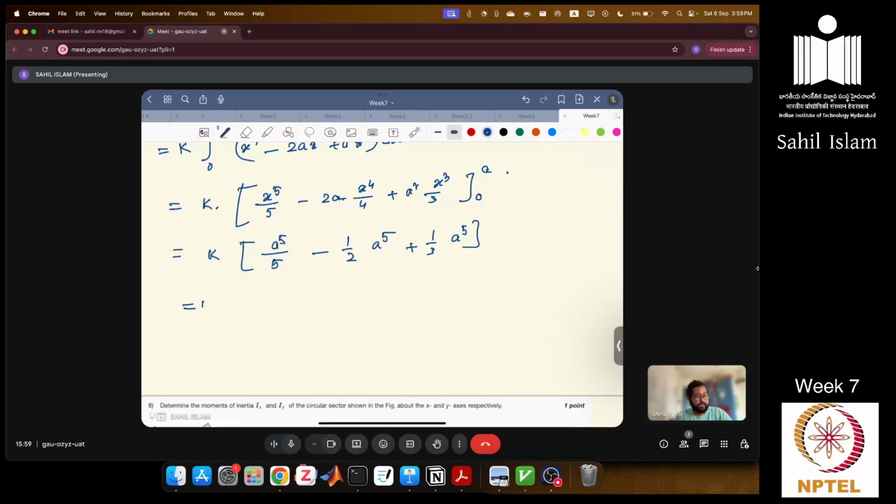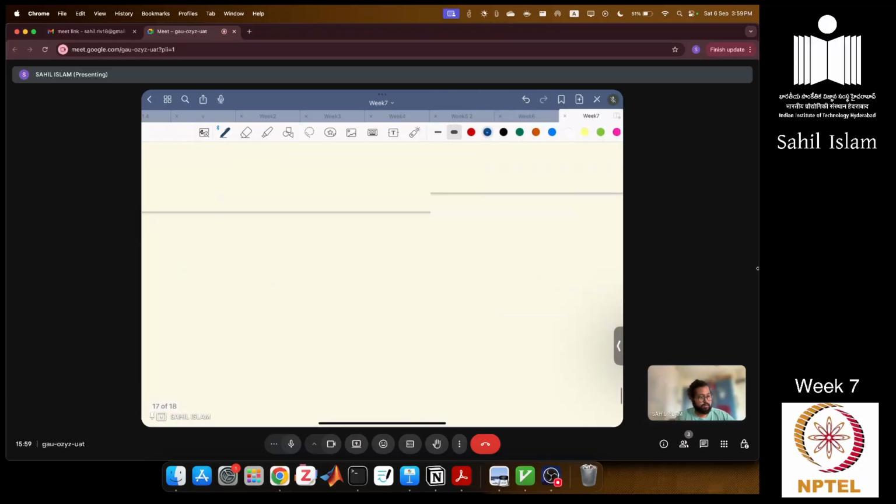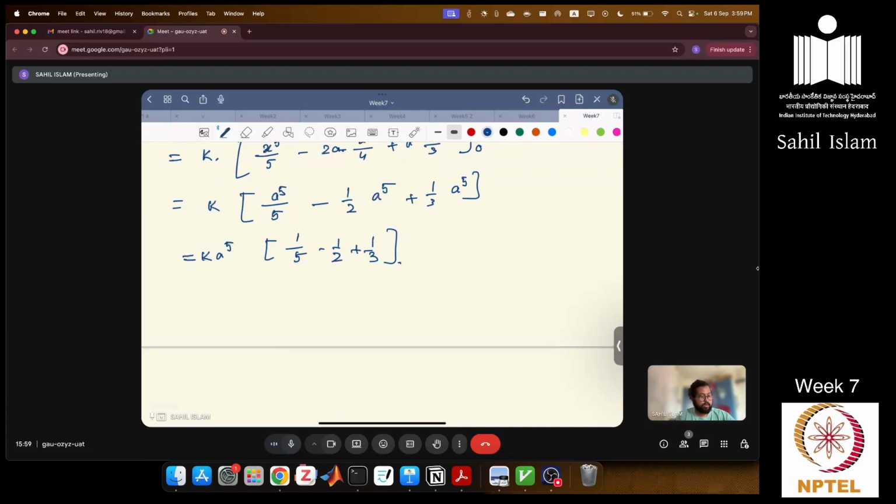So k a to the power 5 times (1/5 minus half plus 1/3), which gives 1 by 30, so k a to the power 5 by 30.